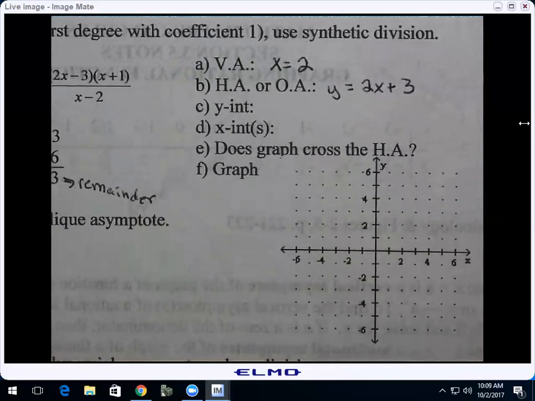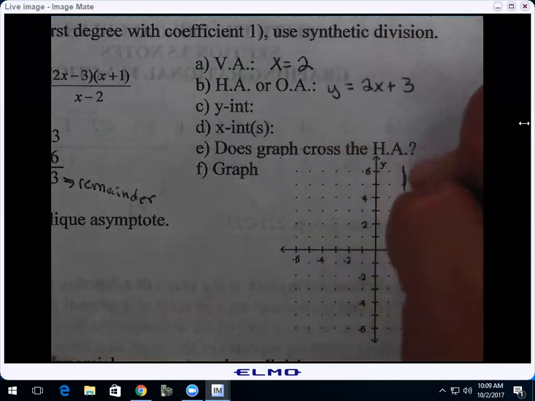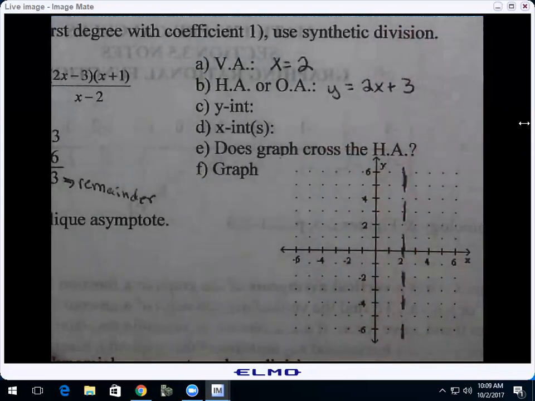Let's go ahead and graph those two asymptotes and then we'll get our intercepts. The vertical asymptote is x equals 2. How do you graph the oblique asymptote? It's just a line.